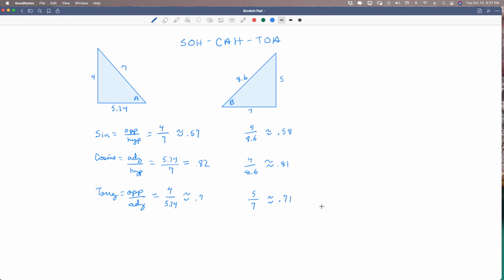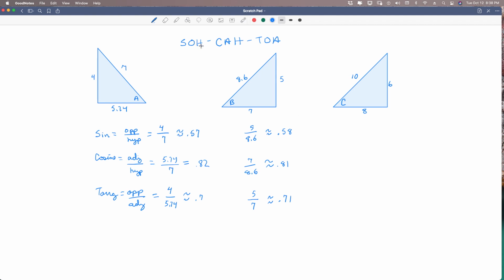All right, we have one more triangle that we're going to do these exercises on. The dimensions here are 10, 6, and 8. And we are going to worry about this angle C right here. So our sine is our opposite over our hypotenuse, right?